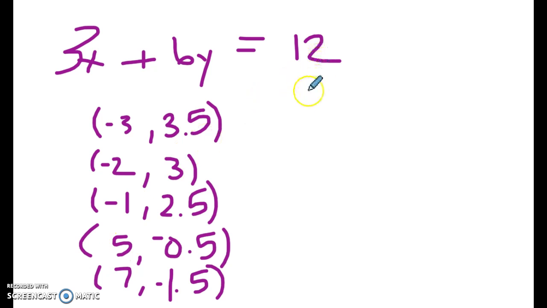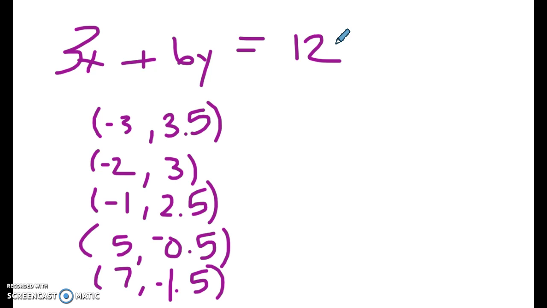When you subtract 12 minus 15, it's going to be negative 3. And then you're dividing 6 into 3. So it's going to be negative a half. 7 times 3 is 21. 12 minus 21 is negative 9. So 6y equals negative 9. And then you're going to have to divide by 6, which is negative 1.5.